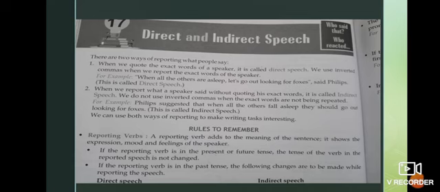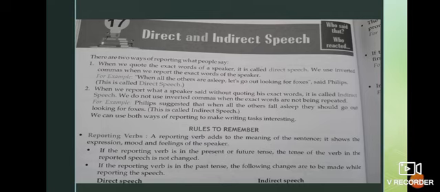Okay, now let's see what indirect speech is. When we report what a speaker said without quoting his exact words, it is called indirect speech. So if we are molding the speaker's words, changing them into our own language, then that is called indirect speech.